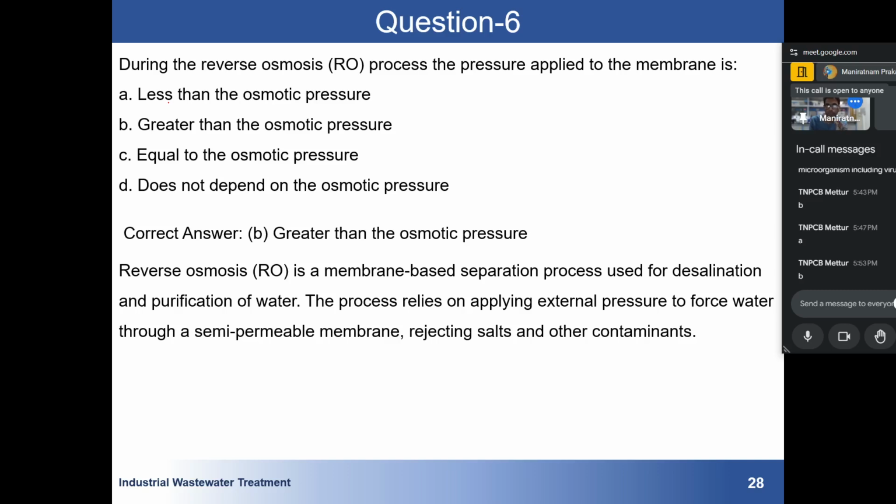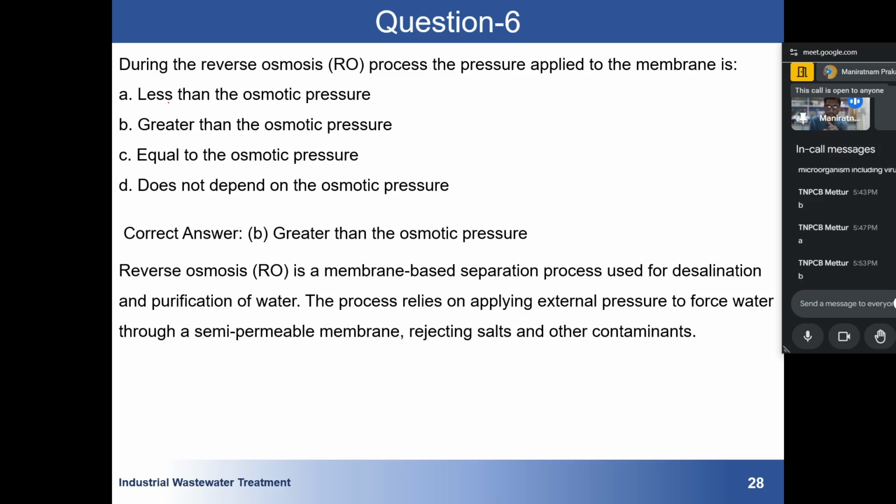Water will always move towards where there is a high concentration.